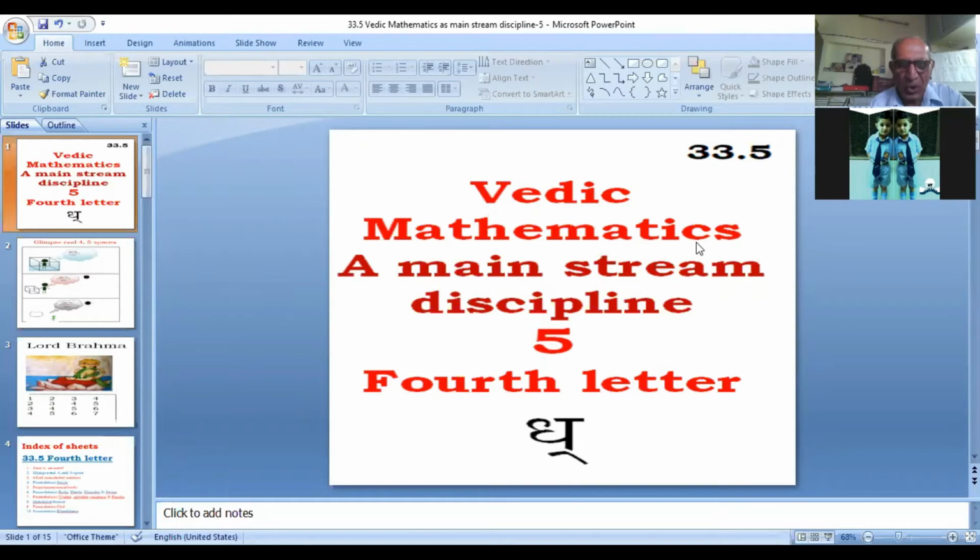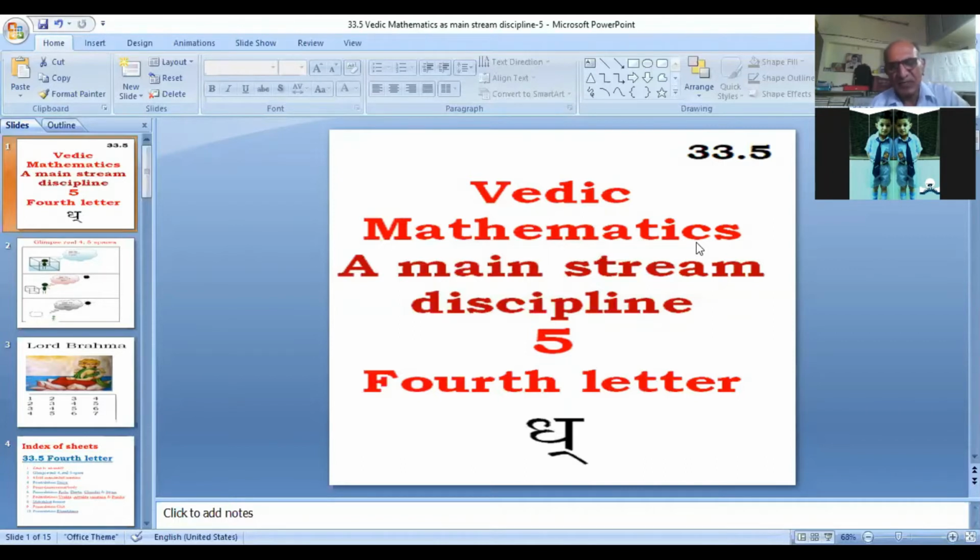Fourth letter Dha is of TC value 7 and its placement in the fourth column as fourth letter of the fourth row and fourth column cross point of Varga consonants is its basic fixation.